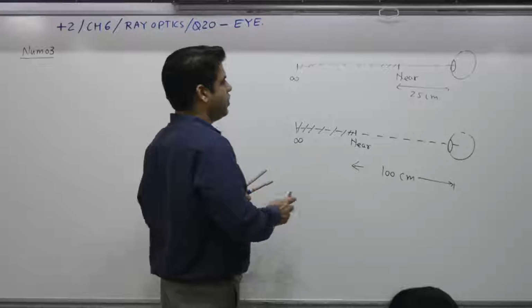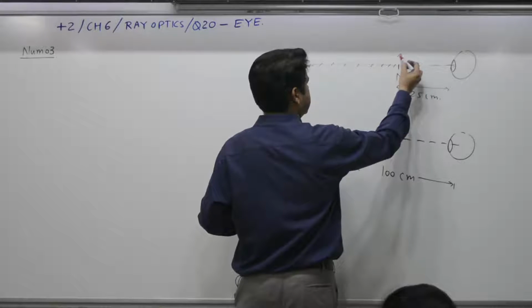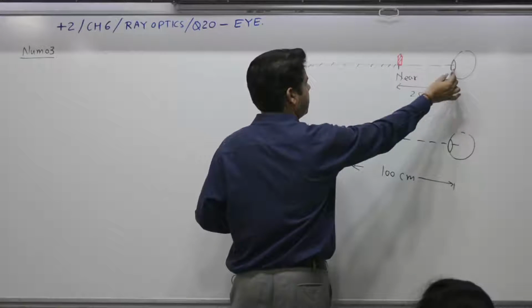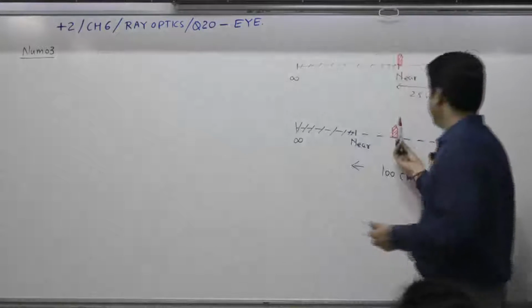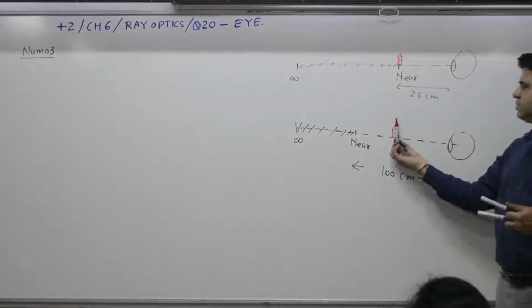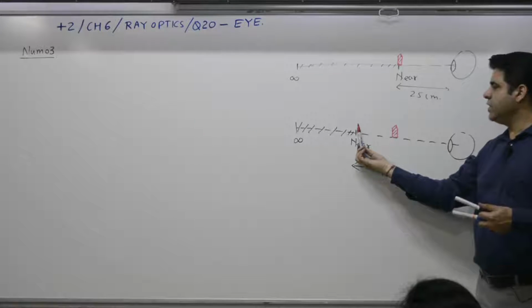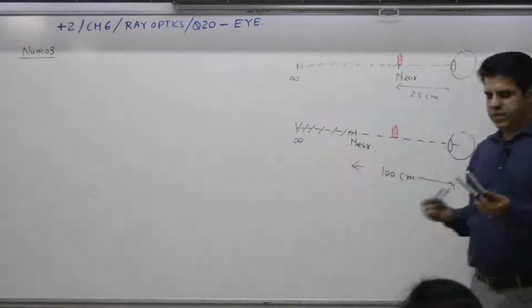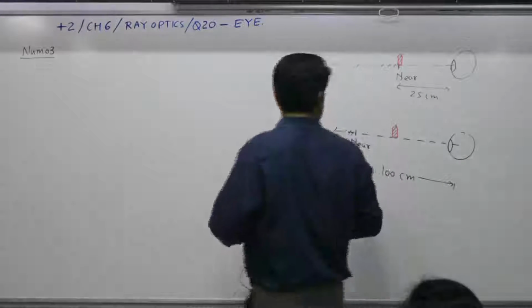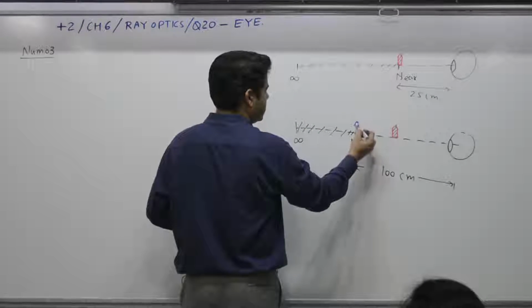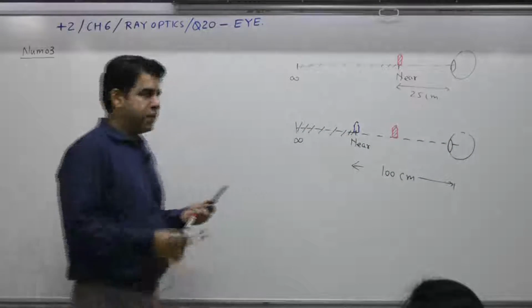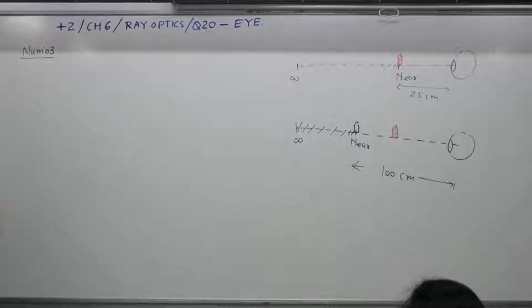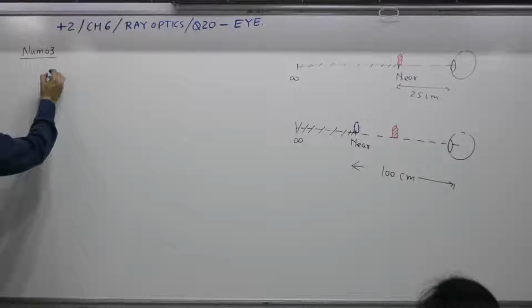So it is equivalent to this: if you place an object here, the normal eye can see. What about this defective eye? It cannot see an object at 25 centimeter because this person can see only from 100 centimeter to infinity. This is the equivalent treatment of how the images will shift on the retina. Actually, the image formation is on the retina, but for calculation, this is one method.